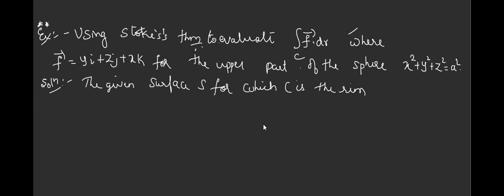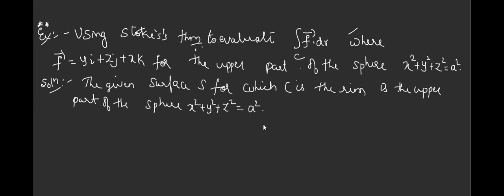Okay, C is the rim of the upper part of the sphere x square plus y square plus z square equal to a square. Therefore, here we have to take z as a function of xy. Take all the terms on the other side. So what will I get if I transfer the terms? A square minus x square minus y square, isn't it?